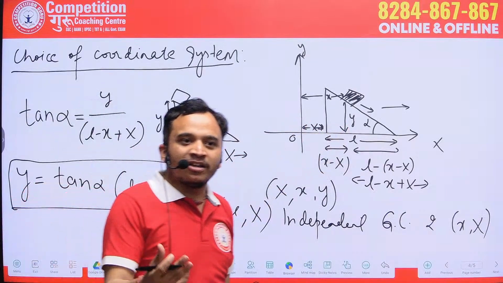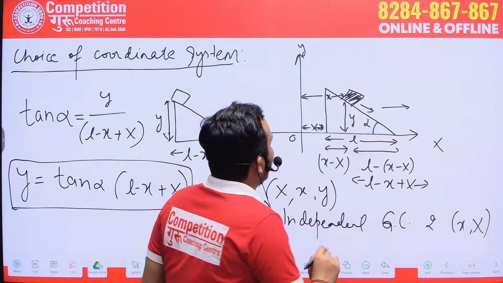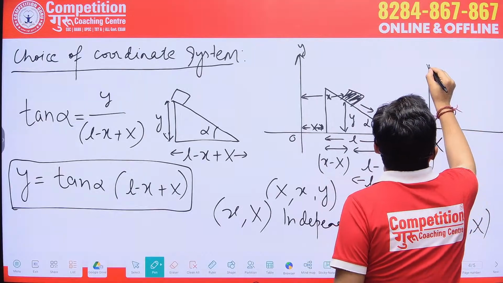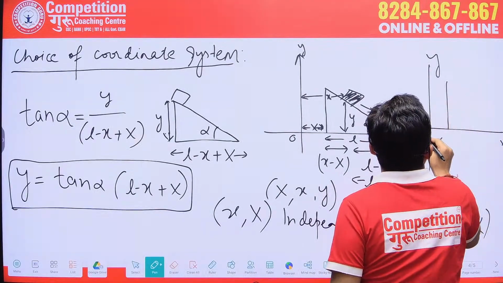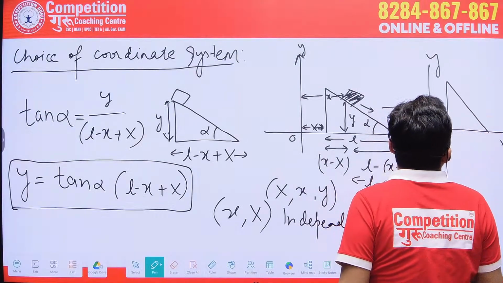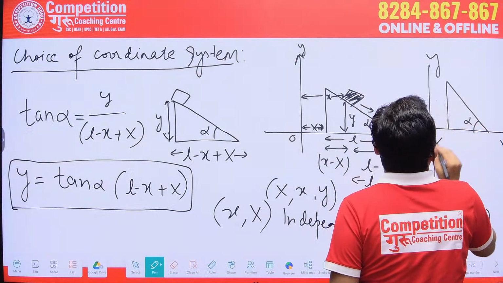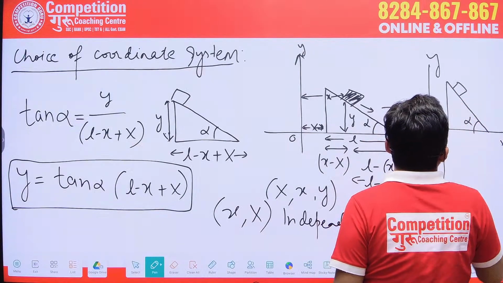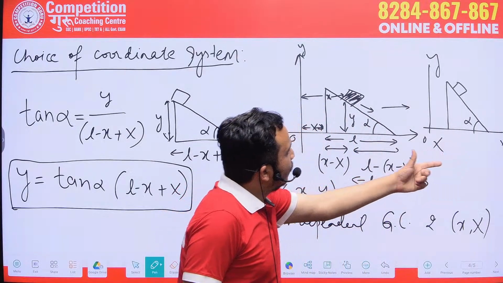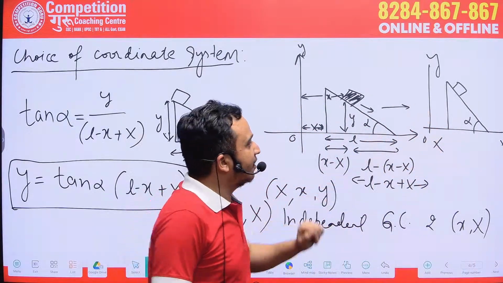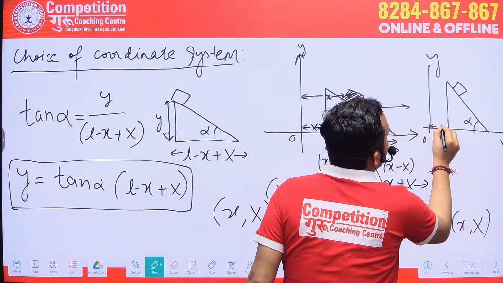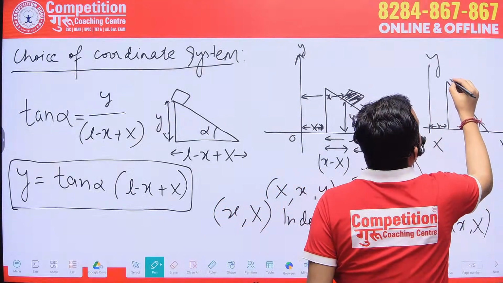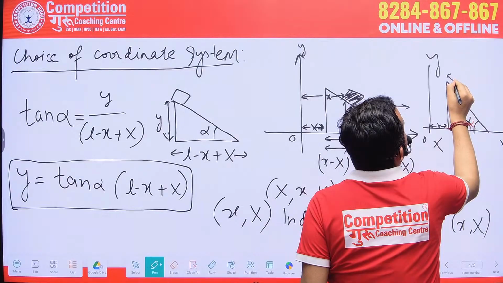Now there is another approach which is much easier. Let us suppose here is x, this is y, here is the origin, here is alpha, and here is some box. We choose the coordinate system in such a way that one coordinate is this x, and another coordinate here is, let us suppose, s.